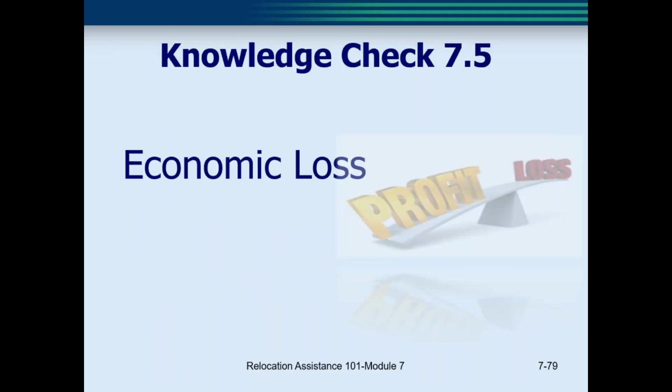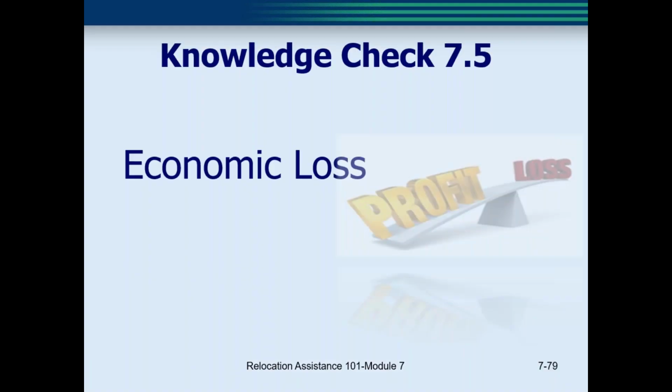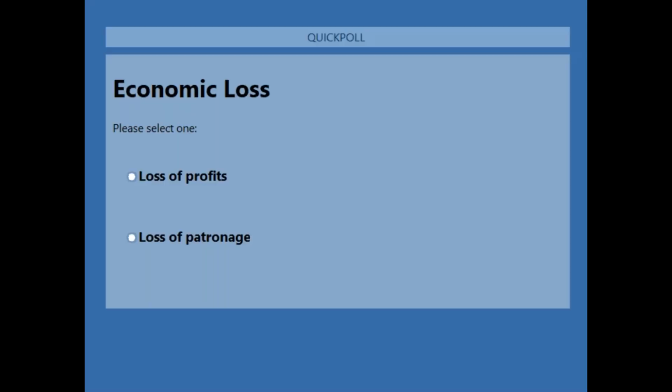Okay, so we have our last knowledge check. Let's see. I will go ahead and read. Question number 1: economic loss means, does it mean loss of profits or does it mean loss of patronage?